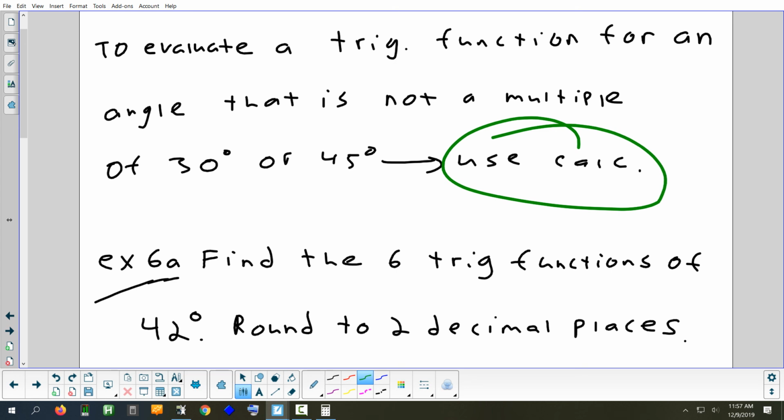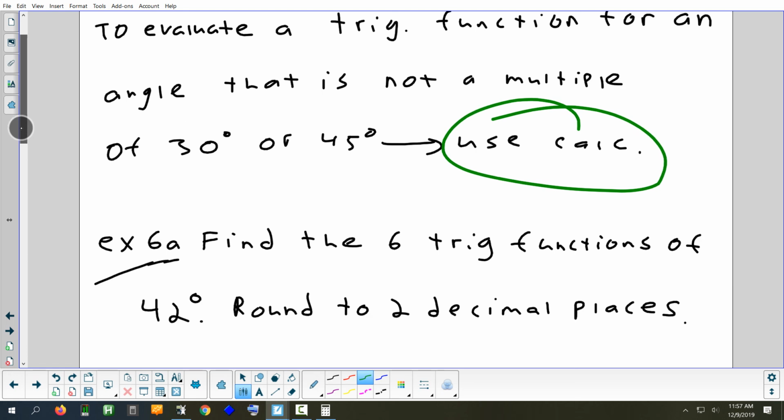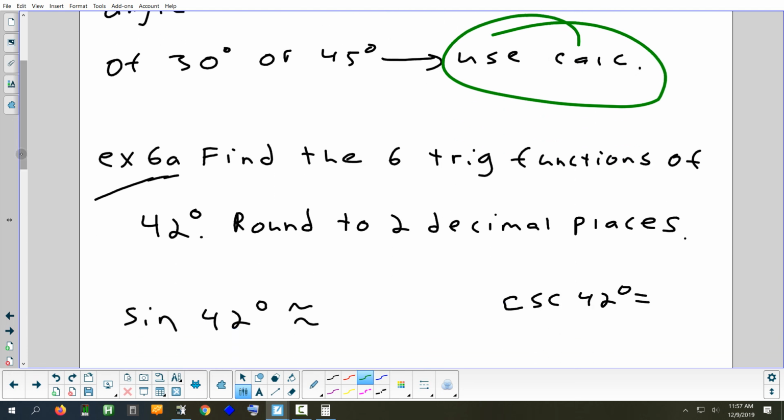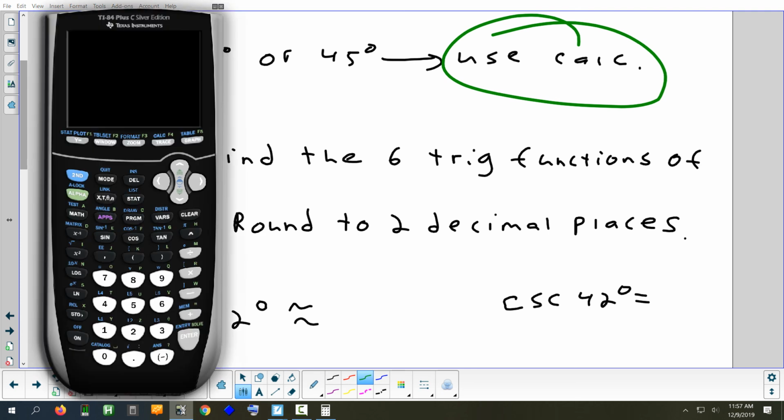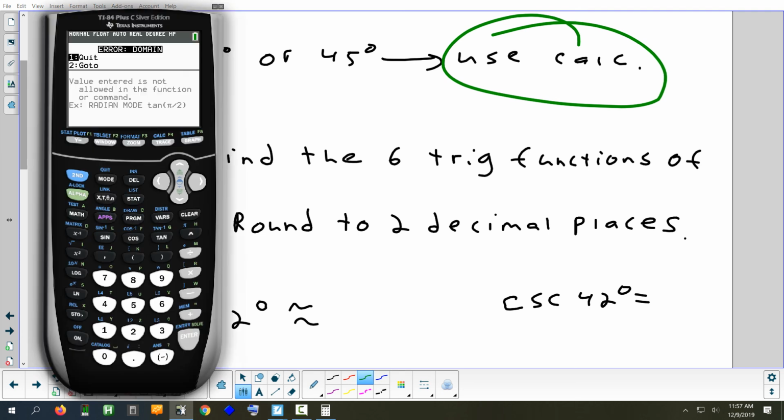I'll show you how to type it in. Okay, to type in sine of 42, you type it in exactly the way you see it written. Press the sine button, press 42, close your parenthesis. I'm already in degrees. If you got 0.669, you did it right. That's it.